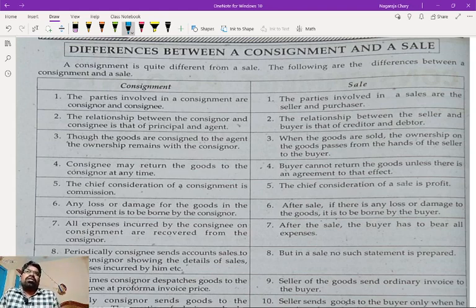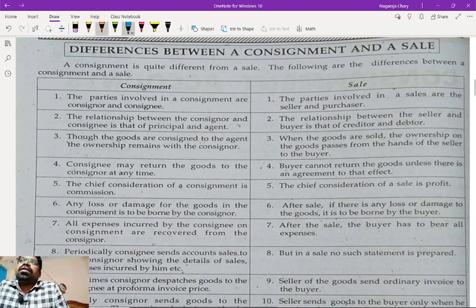In sale also goods are transferred from one person to another person, and in consignment also. So something differs between sale and consignment. Let us see what the differences are between these two, one by one.